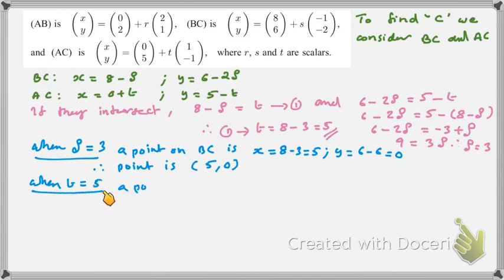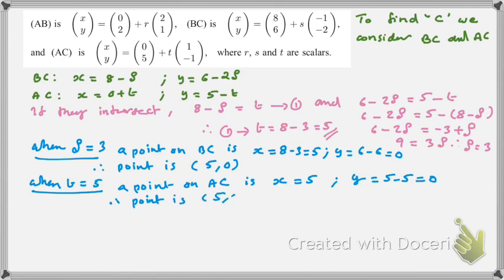When t is equal to 5, a point on AC will be, I put it back into AC, x is 0 plus 5 which is 5, y coordinate is 5 minus 5, which is 0, so a point on AC would be 5, 0.